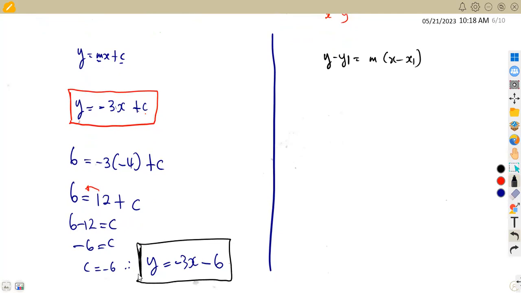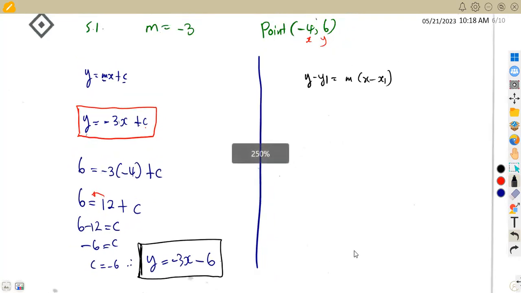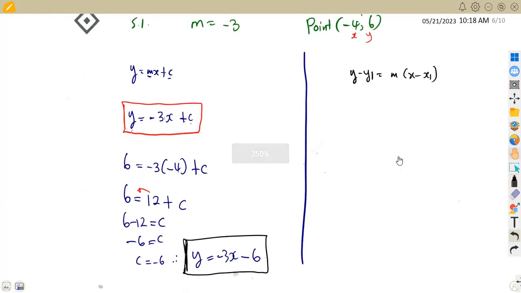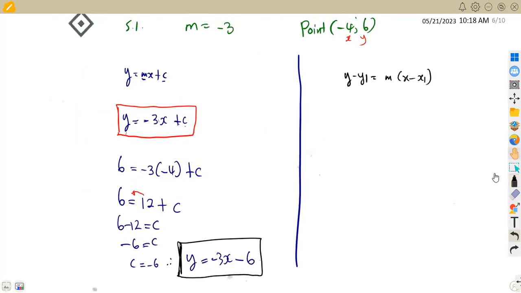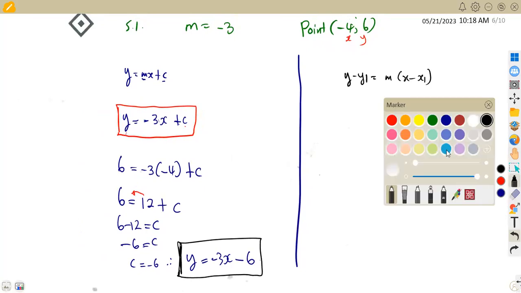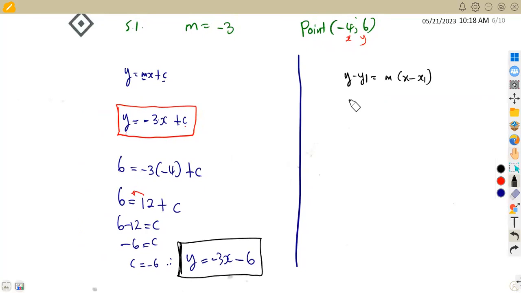All right. So like I said, yes, we can actually obtain the same equation from this format that we have. So what does this format actually represent? It represents a gradient and a point, which is the same way as what we had. But this time, we are supposed to have it as y minus y1, which is 6, this is now our y1, and x1, which is -4. M does not change.